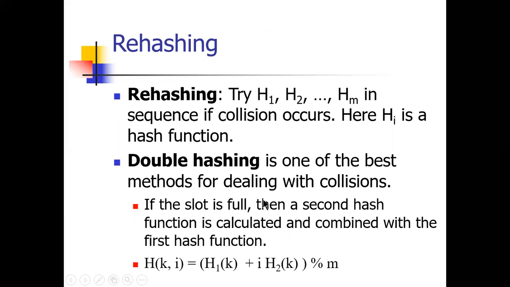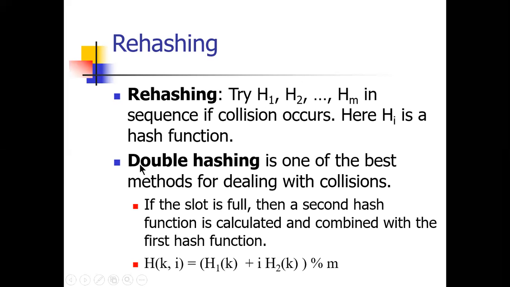There's also what you call rehashing. The sequence: if a collision occurs, H1 is the hashing function. So for these functions, from H1 all the way to HM, if a collision occurs, you stop this function and move to another function. That's what you call rehashing.